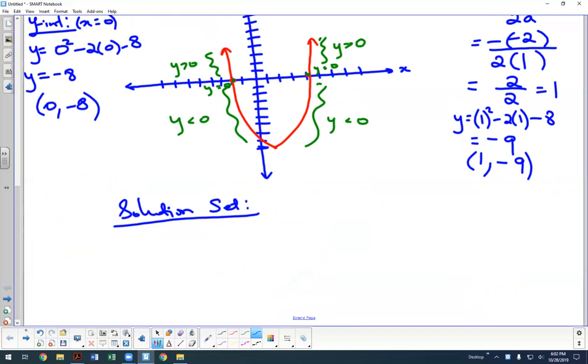All the y values for those x values are going to be positive. So anything from -infinity to right here, which is -2, not including -2 because we don't want our y to be equal to 0. Now in that same way, how do I write for the other arm of my graph?